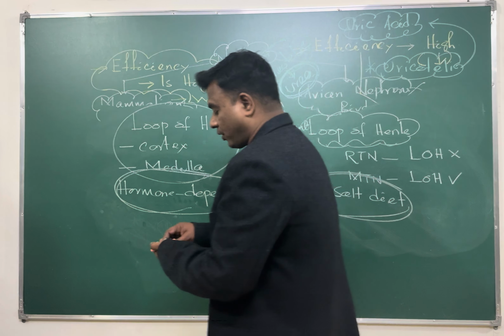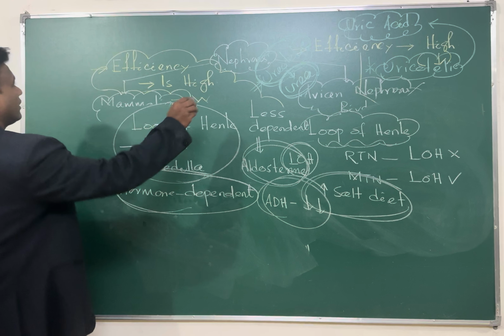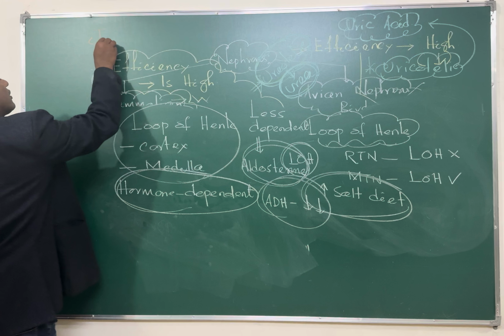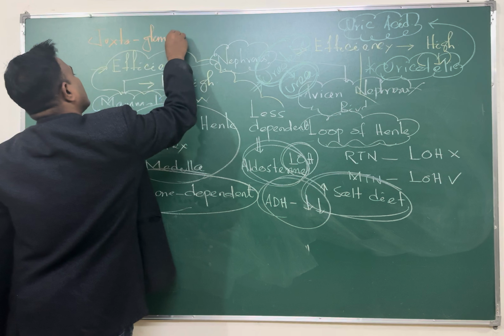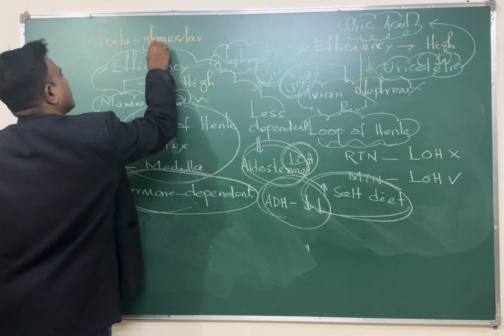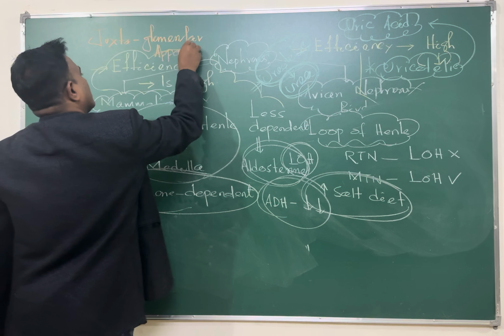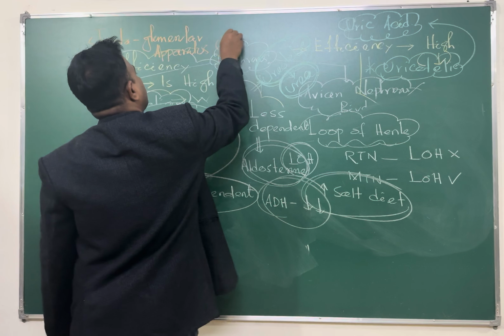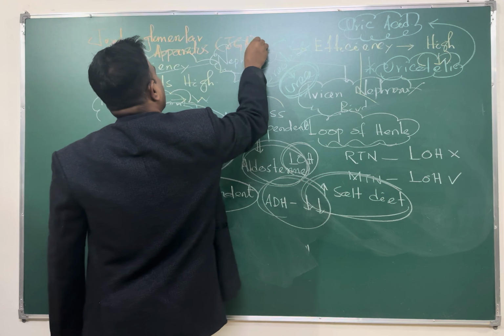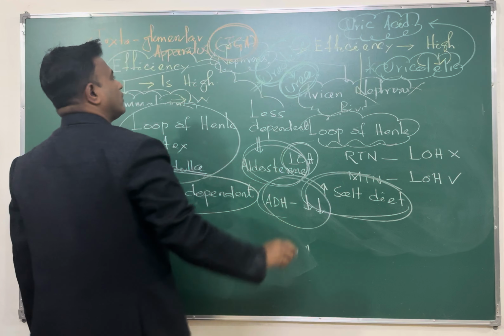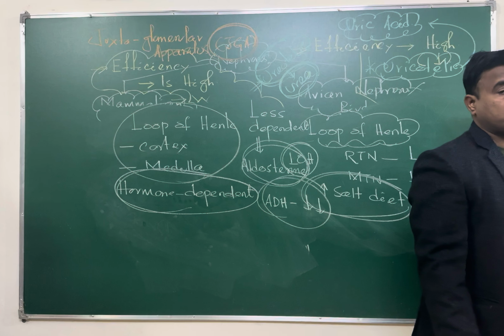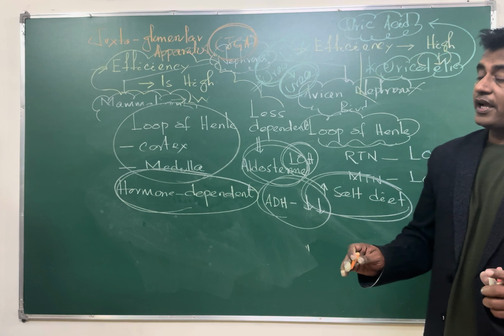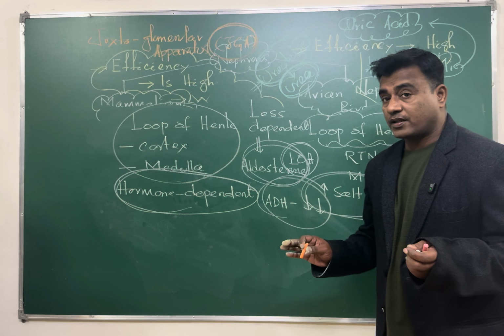The last point I am discussing is the juxtaglomerular apparatus. These are JGA. This is required for autoregulatory function of the kidney. They contain the sensors of the kidney which sense the fluid as well as the electrolyte, the blood pressure.